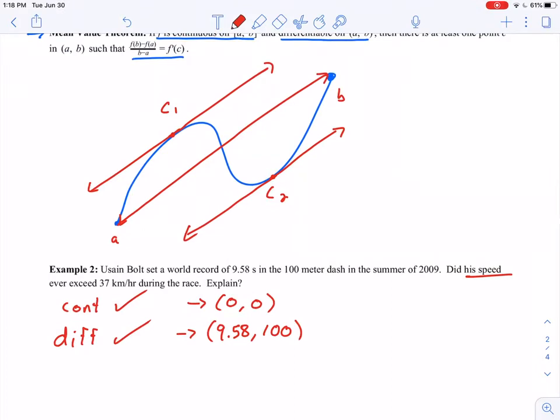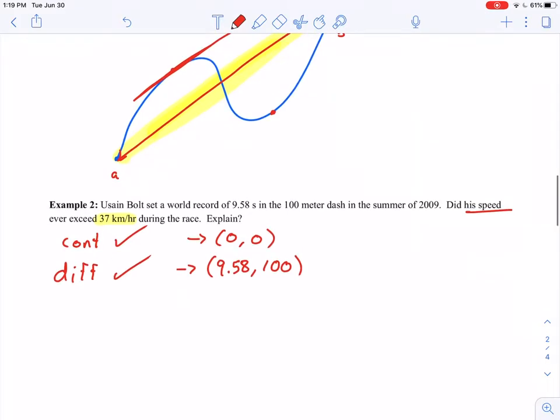So I'm going to find the average rate of change. In other words, I'm going to find the slope of this red line right here. And I'm going to look at that slope, and hopefully, if it's greater than 37, there will be at least one value where we have the same slope. So we would have an instantaneous speed of greater than 37.